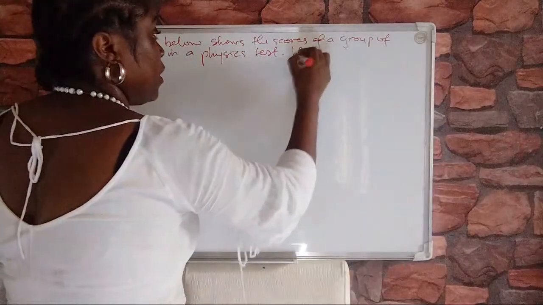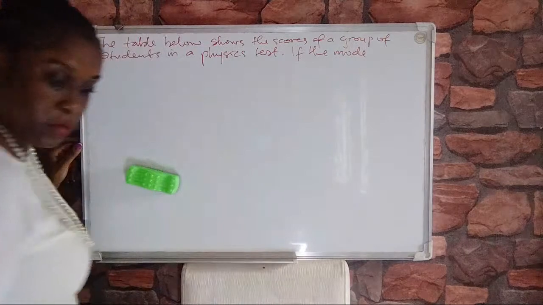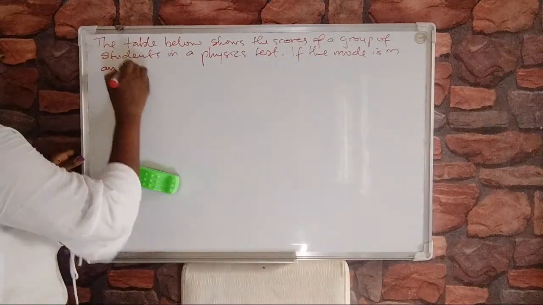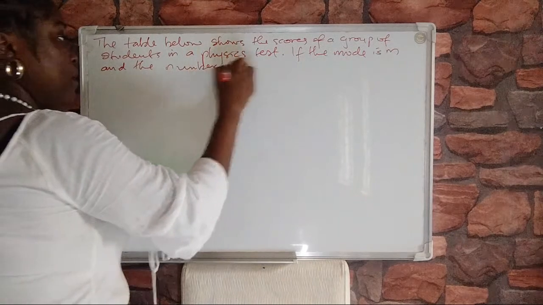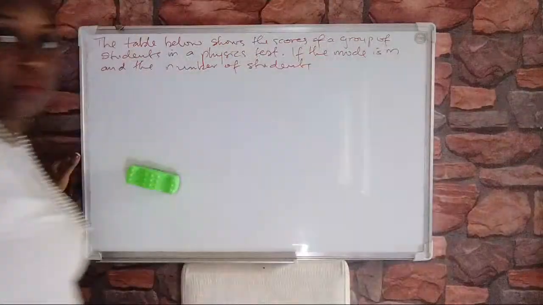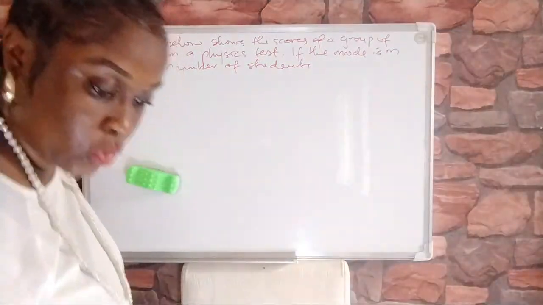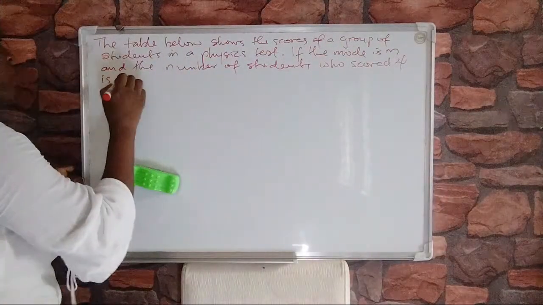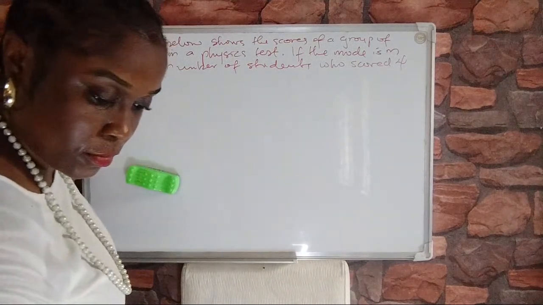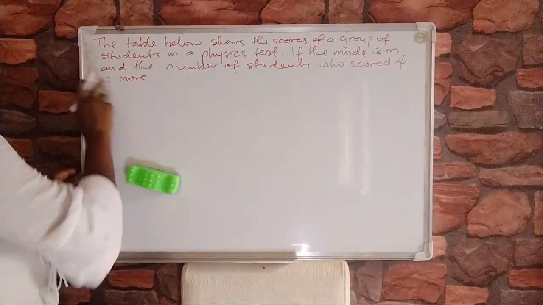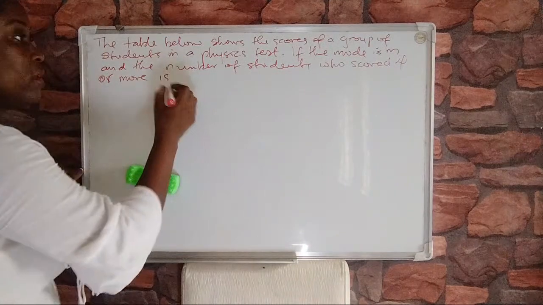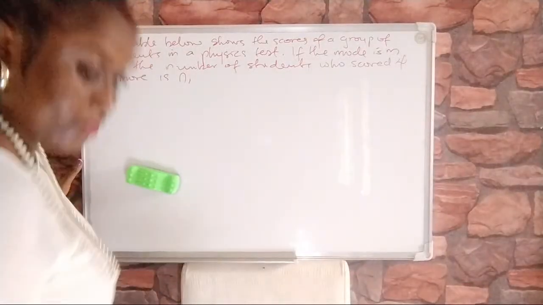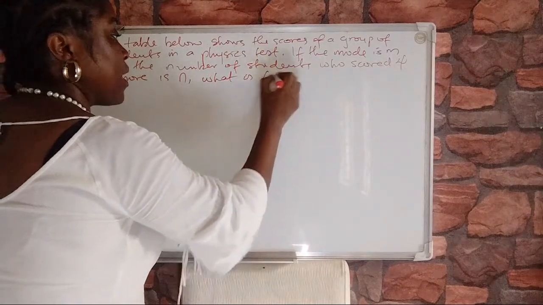If the mode is M, and the number of students who scored 4 or more is N, what is NM?